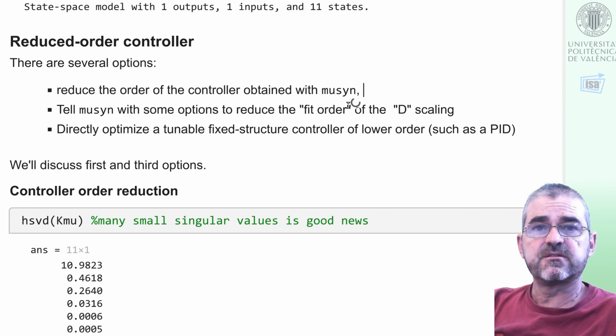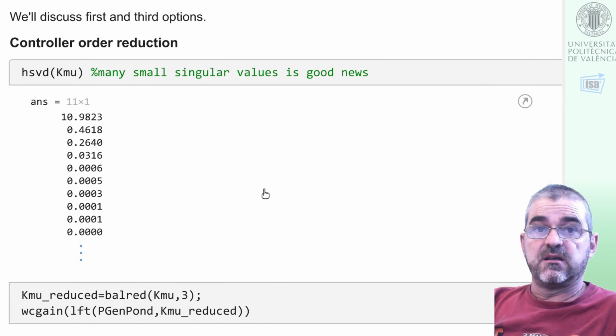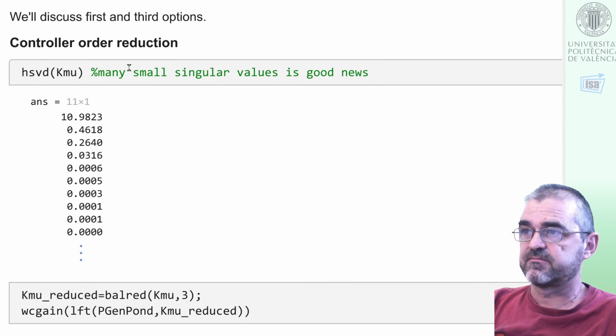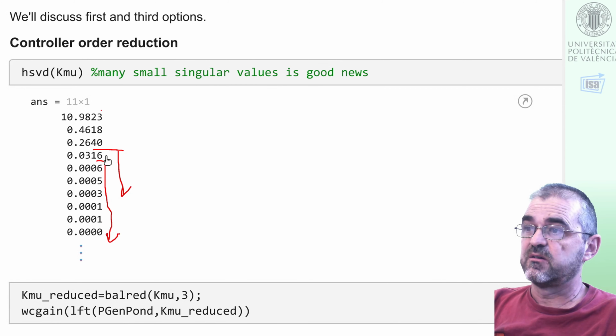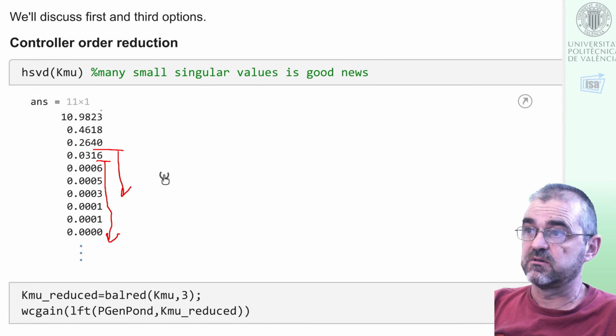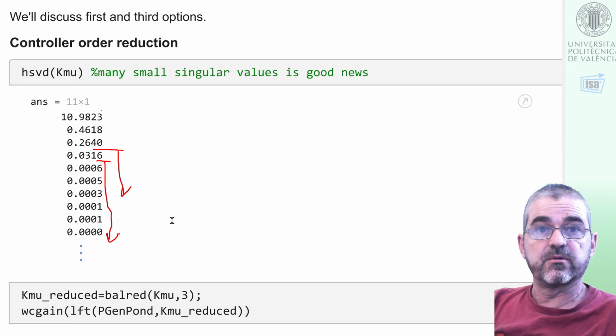So let's first reduce the order. If we look at the Hankel singular values for balanced order reduction, we see that from the fourth or fifth onwards, they are very small. So a third order controller will possibly do.